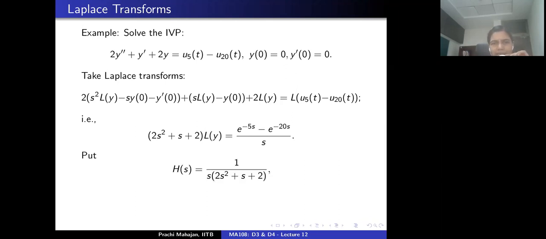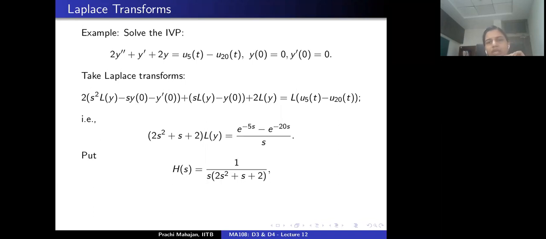So I need to find y such that the Laplace transform of y is given as upstairs. Now I have to find the inverse Laplace transform of this function: e to the minus 5s minus e to the minus 20s in the numerator, and in the denominator, s times 2s squared plus s plus 2.